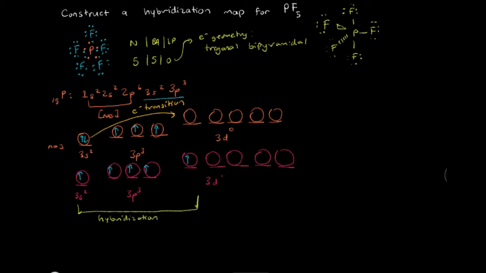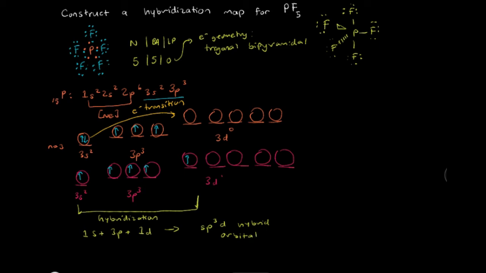So I'm going to do hybridization, and I'm going to combine one s orbital with 3 p orbitals with 1 d orbital, right? And this is going to create a new hybrid subshell, called the sp3d hybrid subshell. And this hybrid subshell will now have the sp3d hybrid orbitals that make up the subshell.